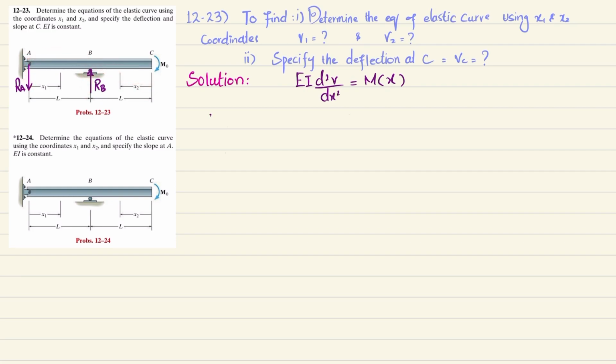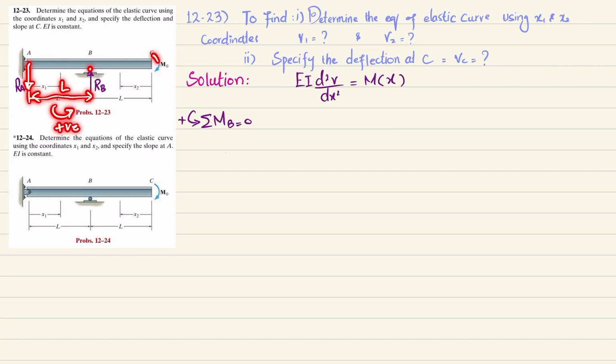We will apply equilibrium conditions to find RA and RB. The first condition is the sum of all moments about point B equal to 0, taking the counterclockwise moment as positive. This is point B. The first force producing moment about B is RA times the perpendicular distance L, and it produces a counterclockwise moment, so it is positive.